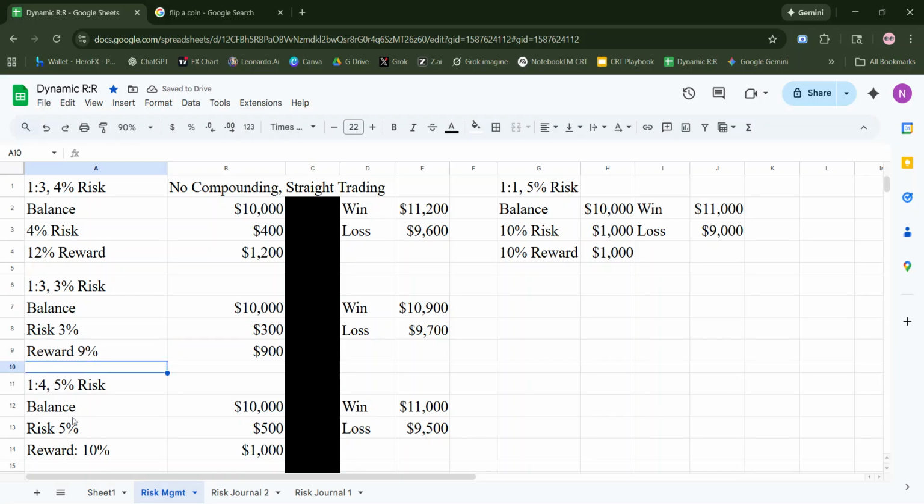Right here, it's 1 to 4, risking 5%. So still 5, but let's see here. You know what, yeah, that's fine. 1 to 5, 4.